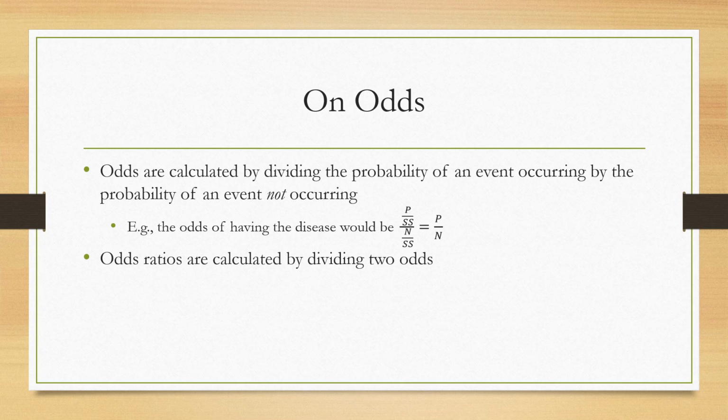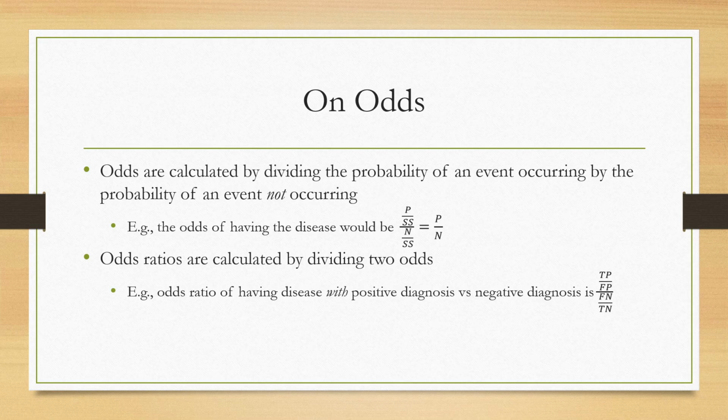So actually, one interesting thing is that odds ratios are more prevalent even than odds. Odds ratios are calculated by dividing two odds. So the odds ratio of having a disease with a positive diagnosis versus without a positive diagnosis is true positive divided by false positive, over false negative divided by true negative.